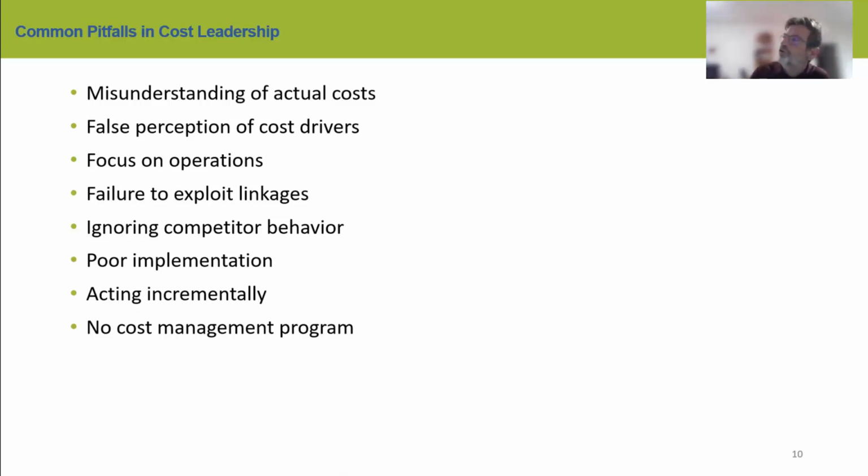Maybe we are going to have a poor implementation of the plans that we have added, or fail to act incrementally, and the last, not to have a cost management program.